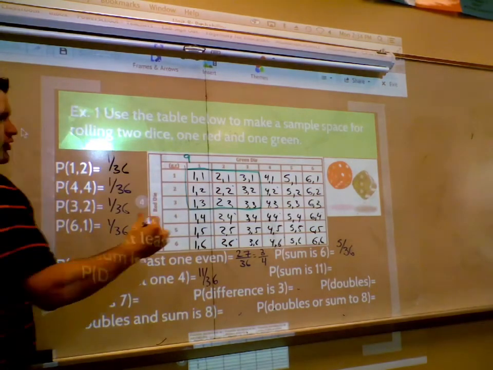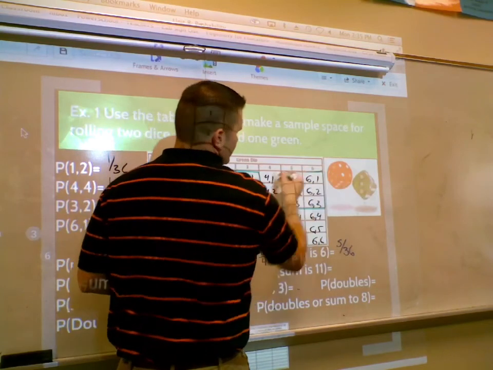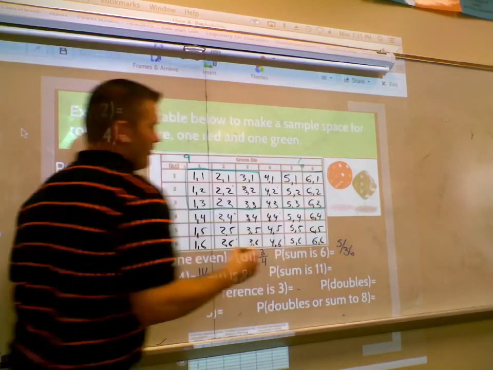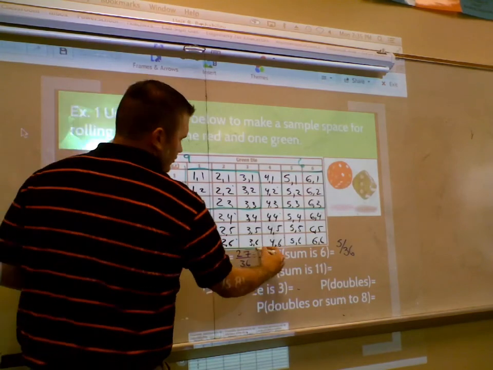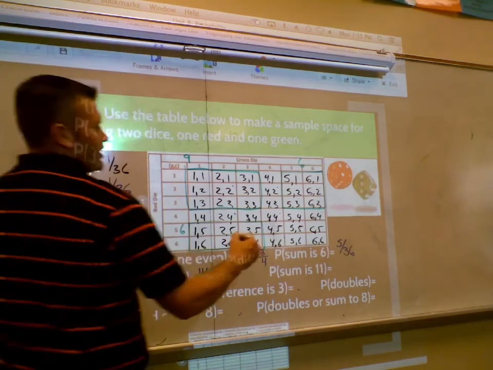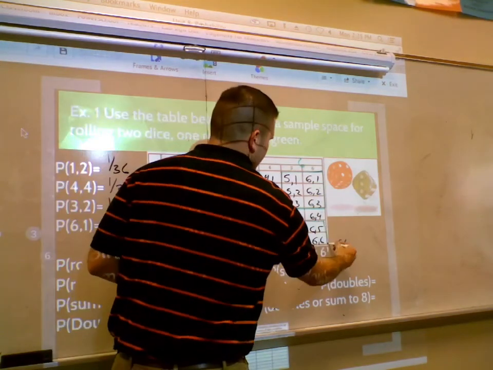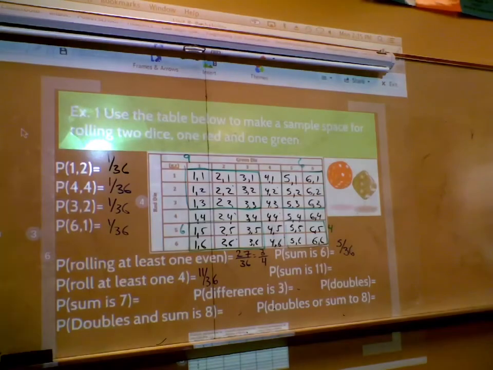We have this section, 3 by 2, 6 total outcomes. This section, 2 by 3, 6 outcomes. And this section, 2 by 2, which is 4 outcomes. The ones that I boxed are the ones that are not 4s.